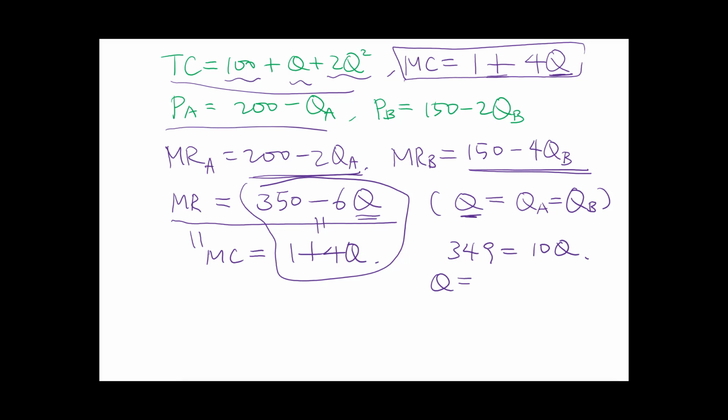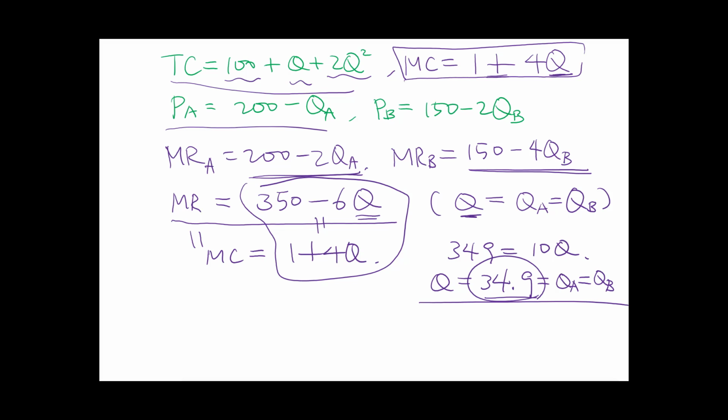So profit maximizing optimal output Q will be 34.9, which is also the optimal amount for output A, also output B. So I found it. And then note that always check when QA, QB equal 34.9, marginal revenue for profit maximizing should never become negative.